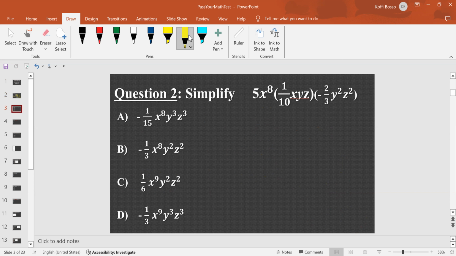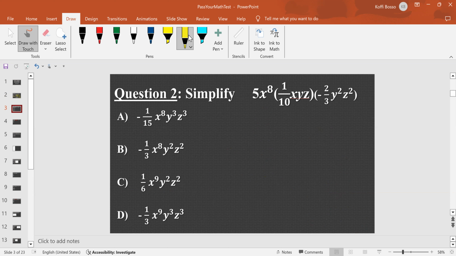The next question, again, feel free to pause the video to solve it before you continue. This is exponential. To solve it, understand that we have numbers, and we have x, y, and z.